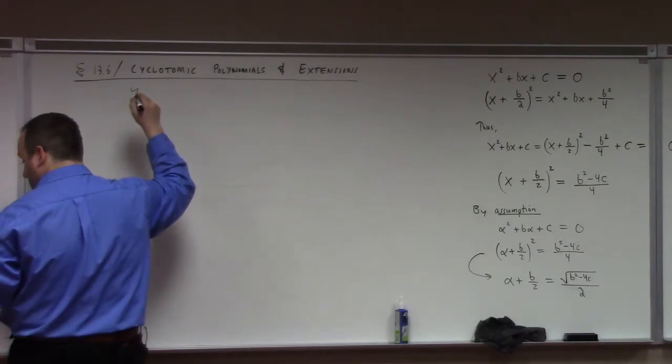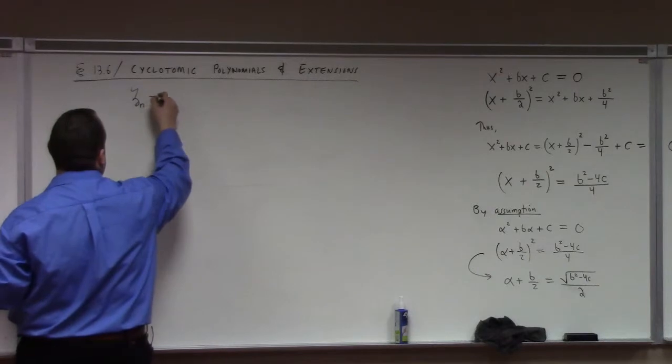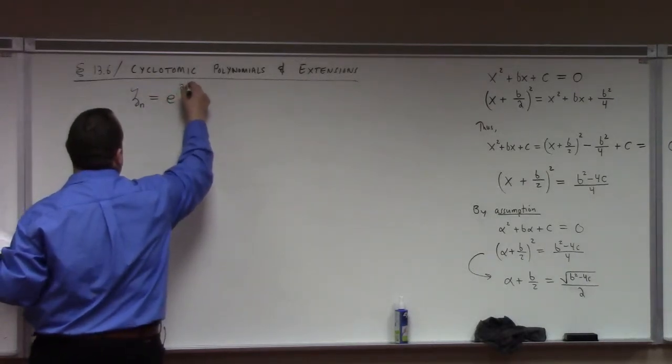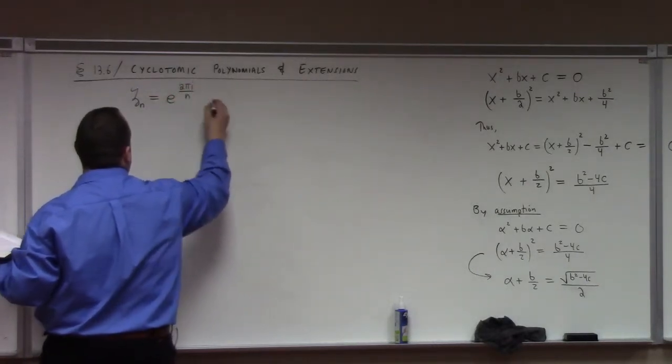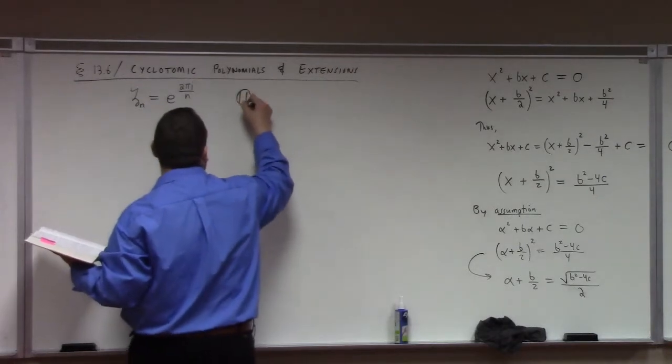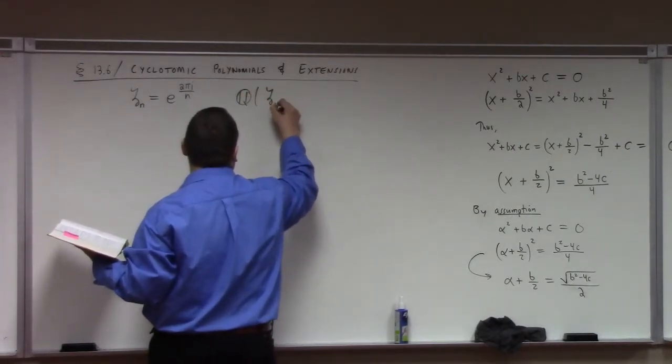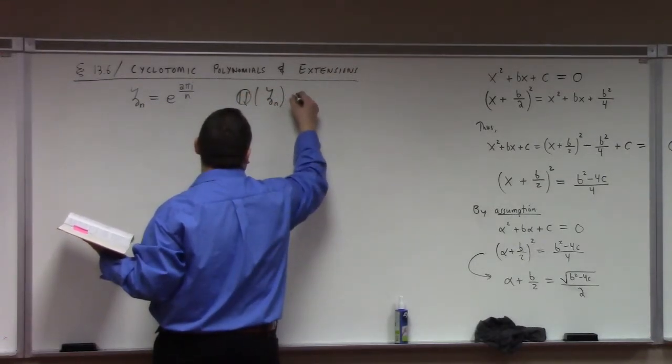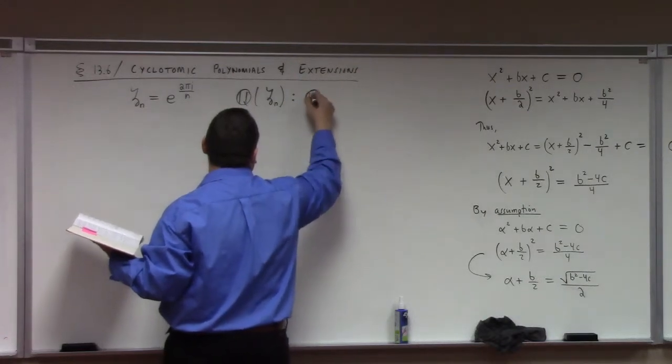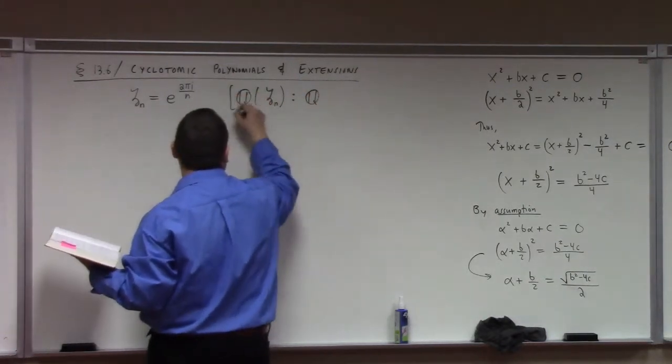What is this zeta n? Does that have a fixed meaning in here? I think it does. I think this is e to the 2 pi i over n, if I recall correctly. So if we take Q adjoin zeta n, this over Q is degree what?